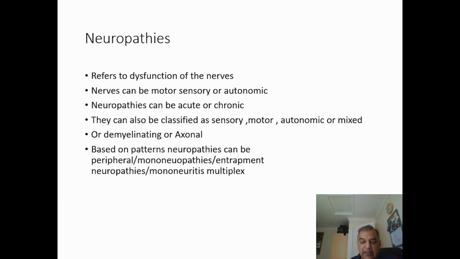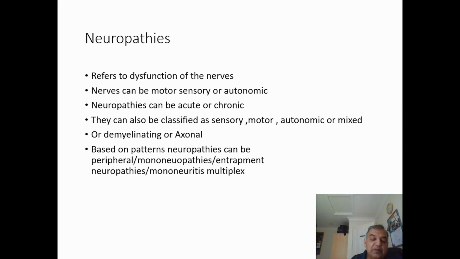And finally, you can have a pattern called mononeuritis multiplex, in which multiple nerves are involved simultaneously or contiguously at various sites, but they are not continuous nerves, and can follow a fairly patchy pattern.